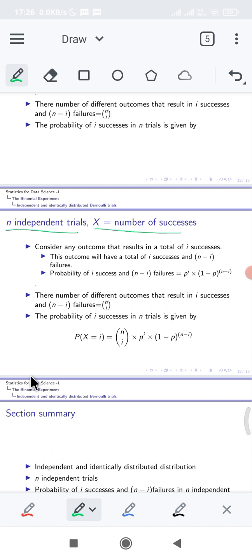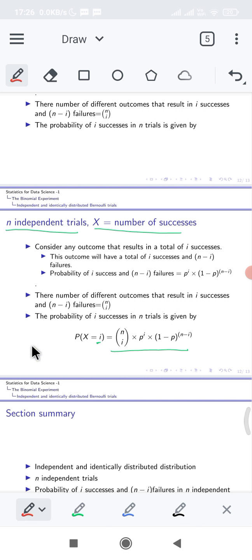If you need to find the probability of i successes, you will use this formula. In this formula, the combination part denotes the number of ways.